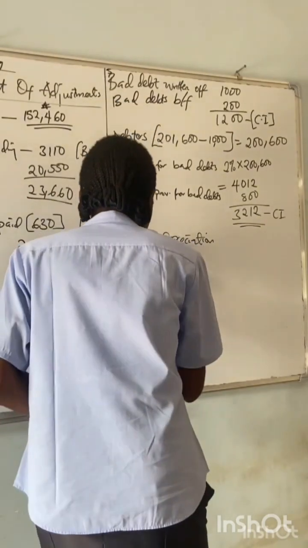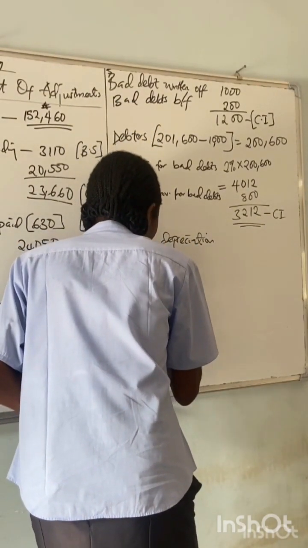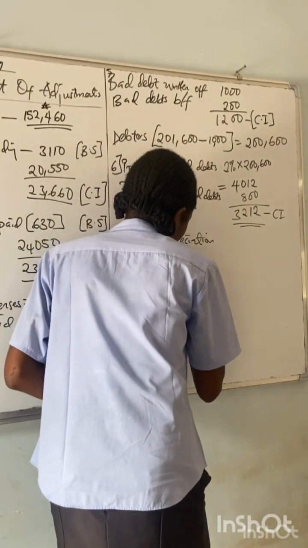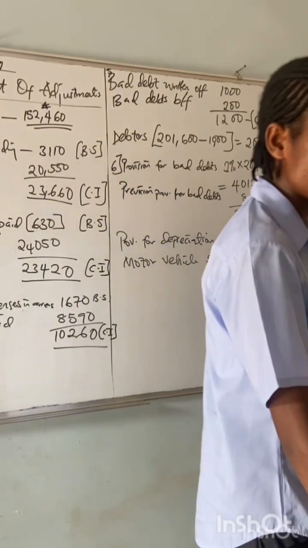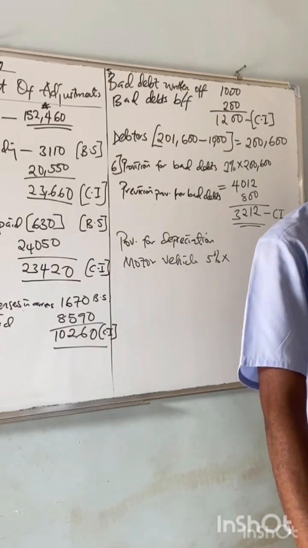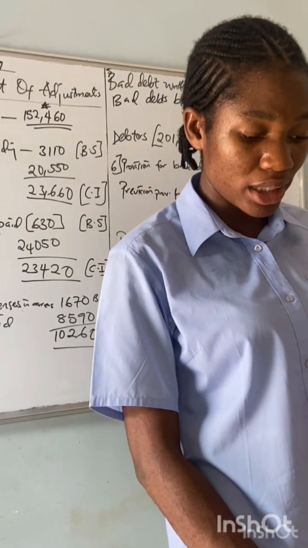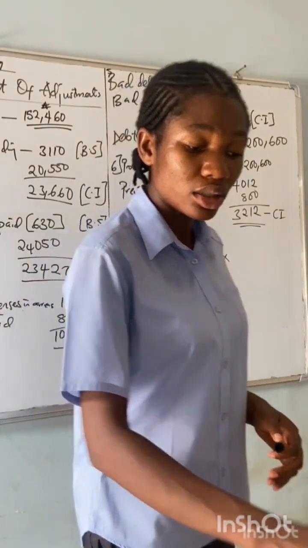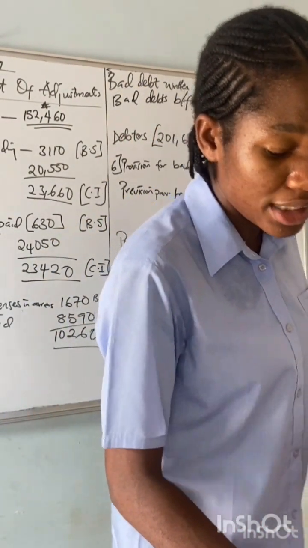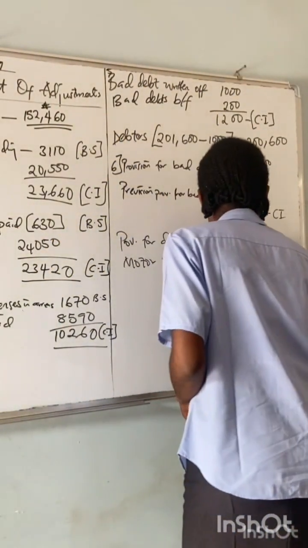So for motor vehicle, depreciation is 5% times the cost, so we need to go to the trial balance and check for the motor vehicle cost. And our cost is given to be 258,750.